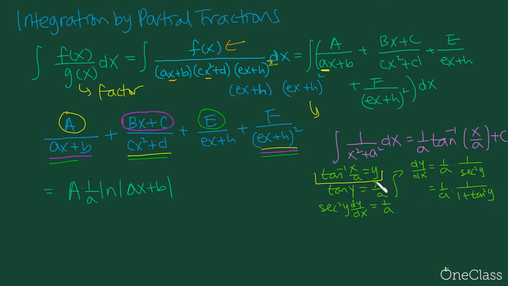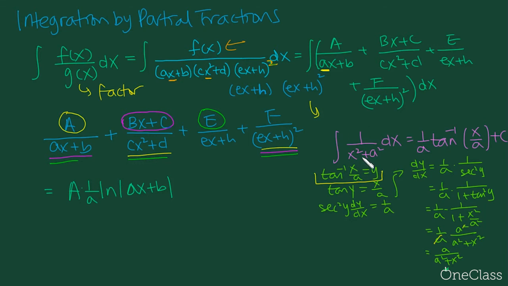But we know that tangent y was equal to x over a, so that equals 1 over a times 1 over (1 + x squared over a squared). This a squared can come to the top, you can merge the bottom, so you will have 1 over (a squared + x squared), and one term of this will cancel out, so you will have a over (a squared + x squared).